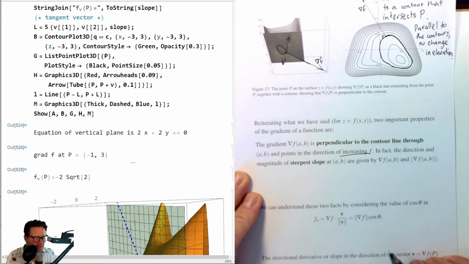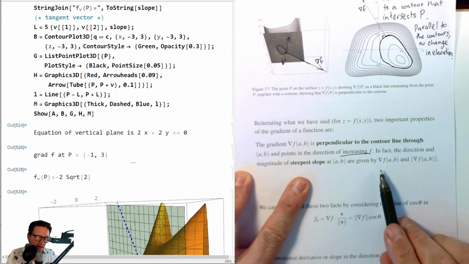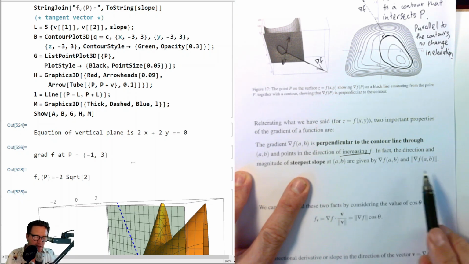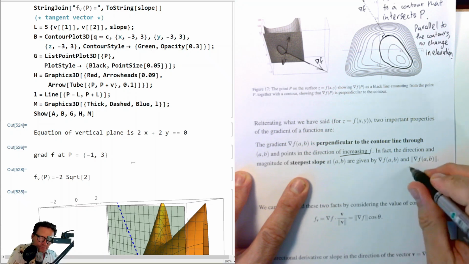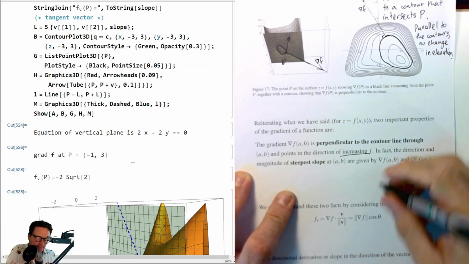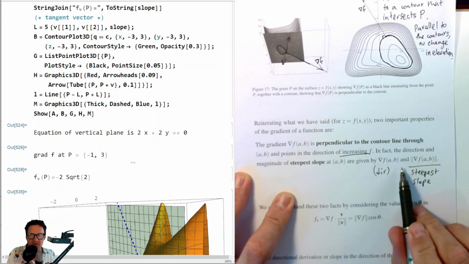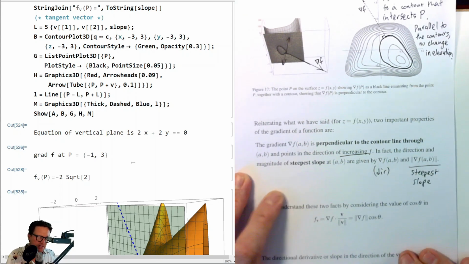In fact, the direction and magnitude of steepest slope at (a,b) are given by grad f at (a,b), and the steepest slope is the norm of that. And this here indicates the direction of that steepest slope.